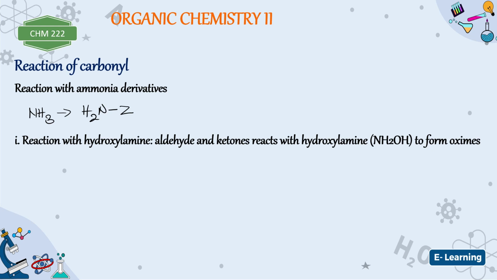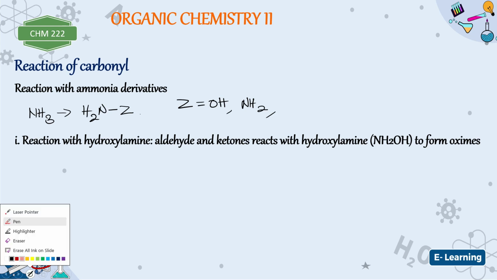Is that okay? So it depends on the substituent we have at that Z position. The Z can be OH. The Z can also be another NH2, and so on and so forth. Alright? Now, in a situation where the Z is OH, you call it hydroxylamine. So hydroxylamine has that NH2OH functional group.